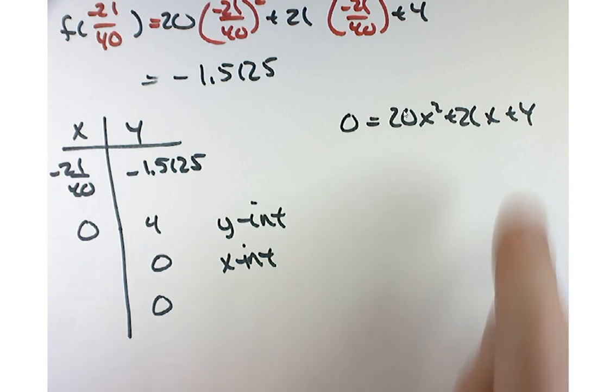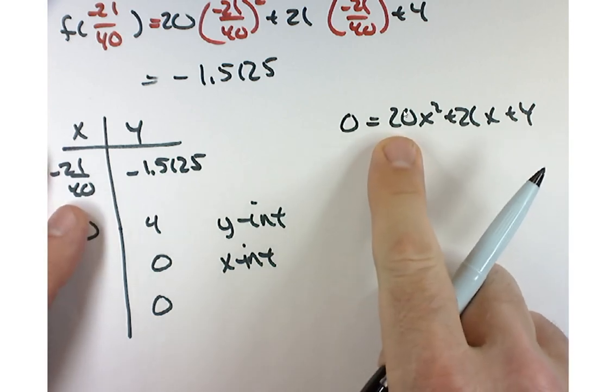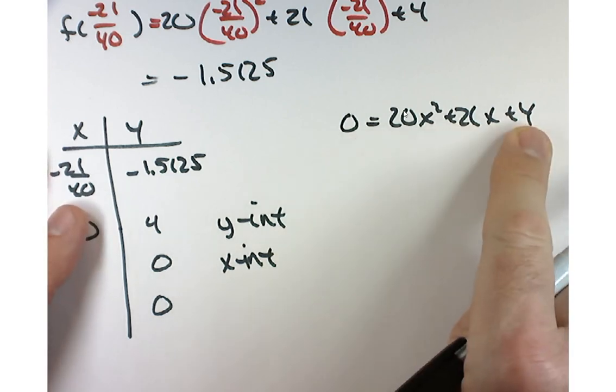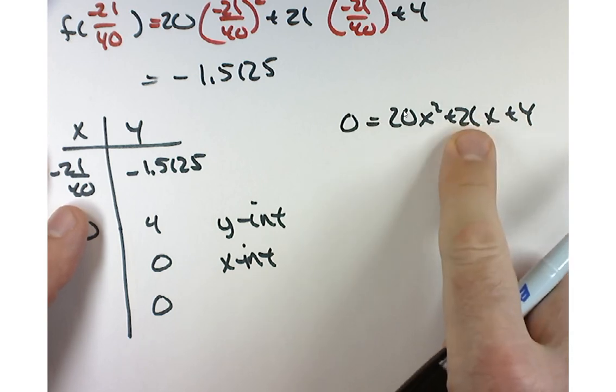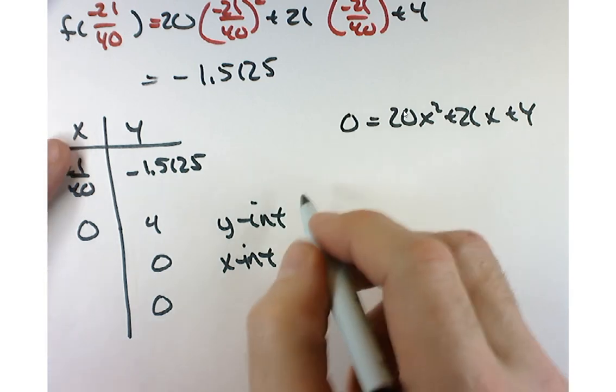Yeah, but you try and you don't find it to factor. Factoring this one means you multiply the 20 times the 4, which gives you 80. Find two numbers that multiply to 80 and add to 21. They don't exist. I use the quadratic formula. Yeah, if a quick try at factoring doesn't work, then you're going to use the quadratic formula.